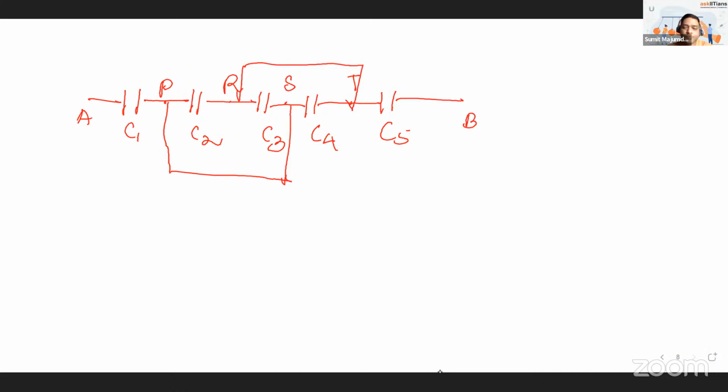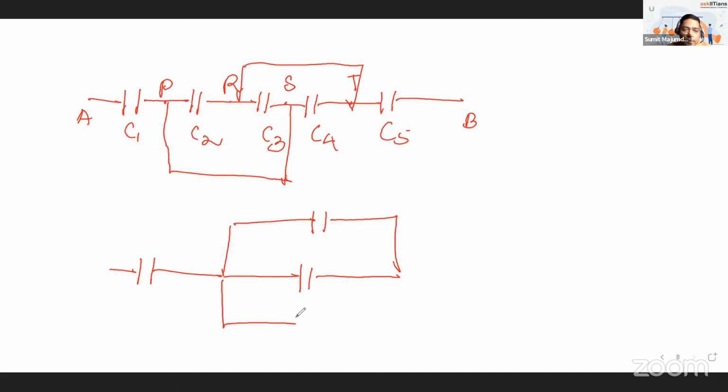Now, if we go ahead further and talk about this, as I told you, we will redraw this picture in the form. This is one capacitor.